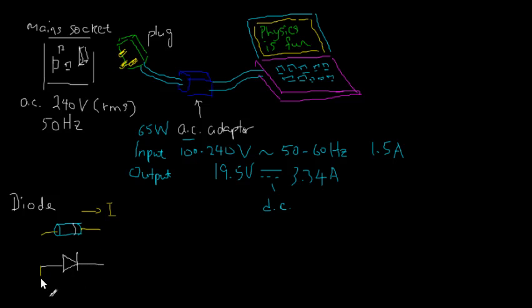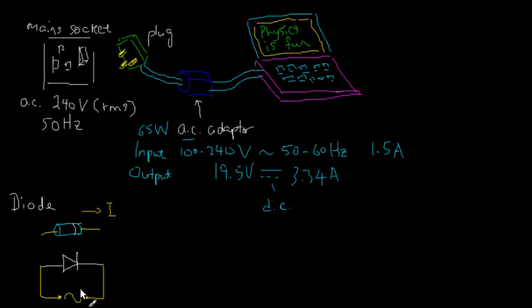If I simply connect this directly to an alternating current, let's say this could be my mains power supply, this AC voltage will try to push a current through the circuit, and this current would keep changing direction because it's AC.